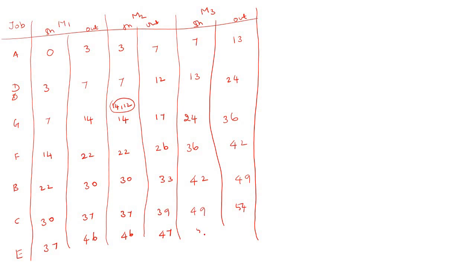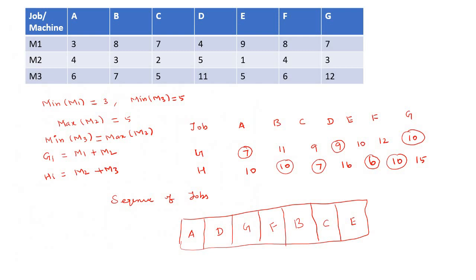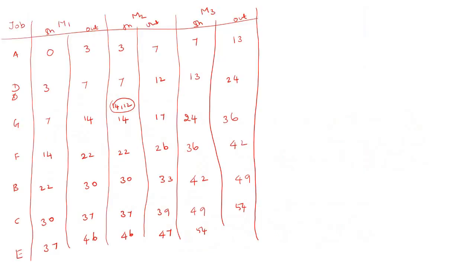So 54 is the maximum value, and 54 comma the E value is 5. So 59. So the total elapsed time for the machine is 59. So the total elapsed time for the given problem is 59.